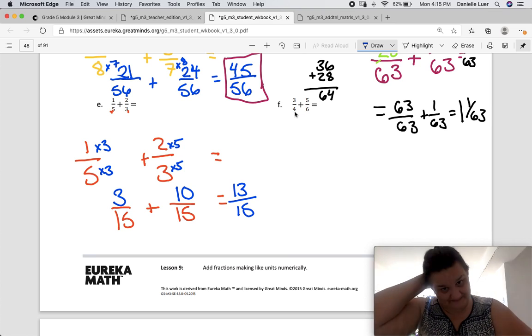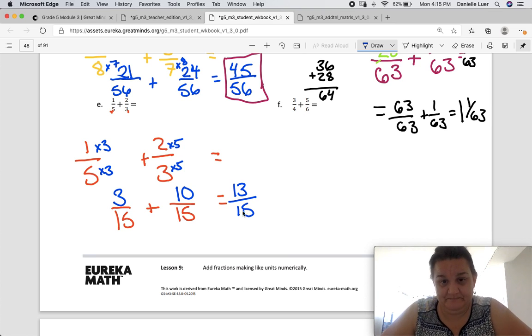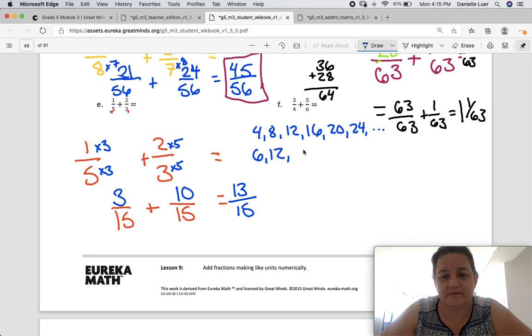Next one. Let's see. Do you know what? For this one, I want us to do some skip counting again, okay? 4, 8, 12, 16, 20, 24, and here I want 6, 12, 18, 24.